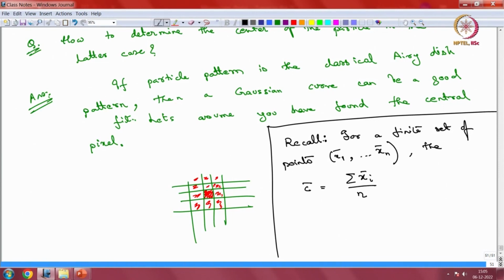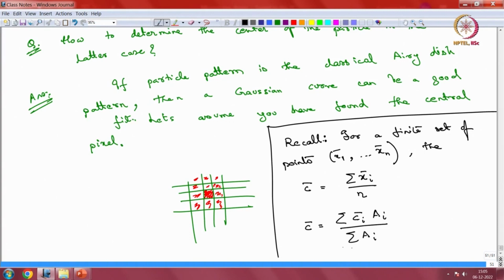And if you want the centroid of n areas, A1, A2, A3, etc., each of whose centroids are known, then this is how the centroid is found. I am not writing everything down, hopefully you are able to follow.